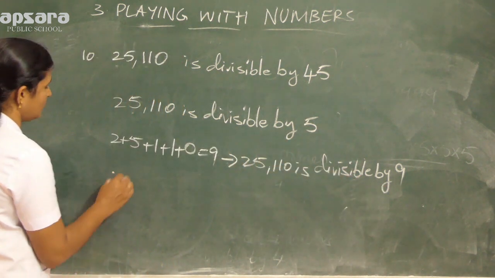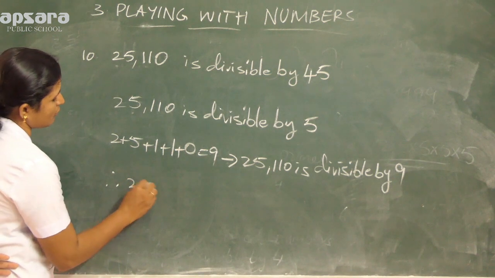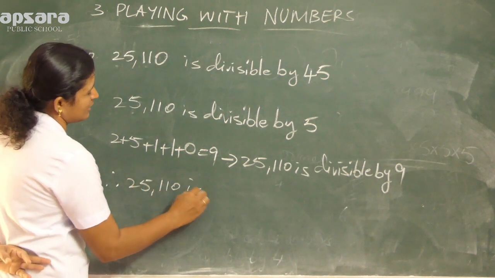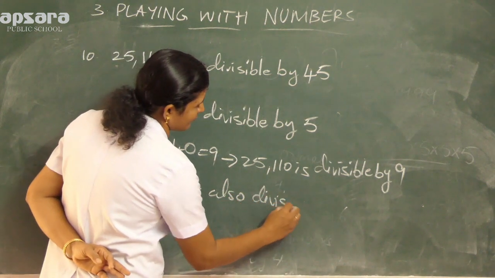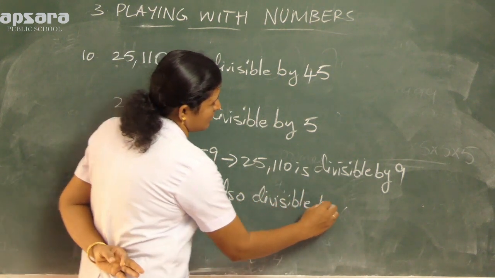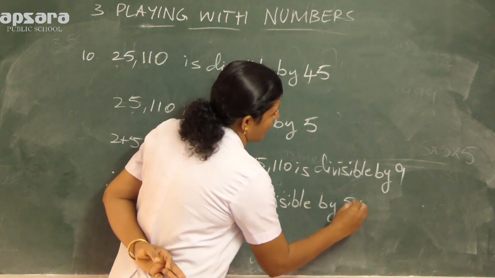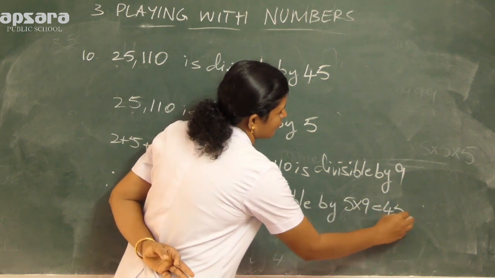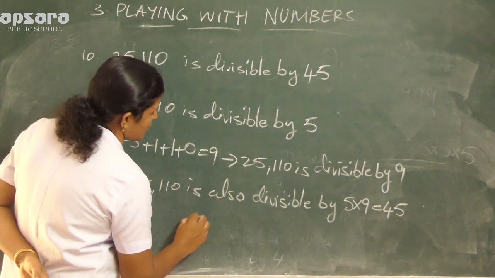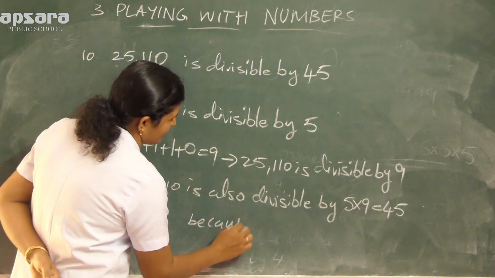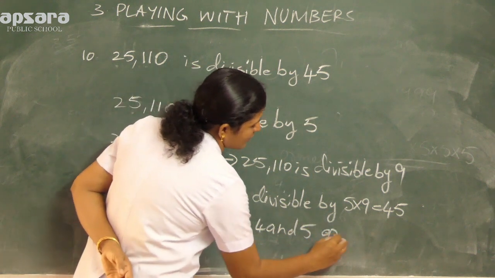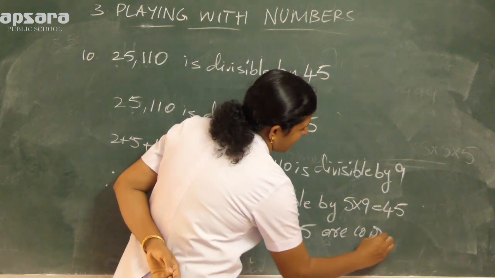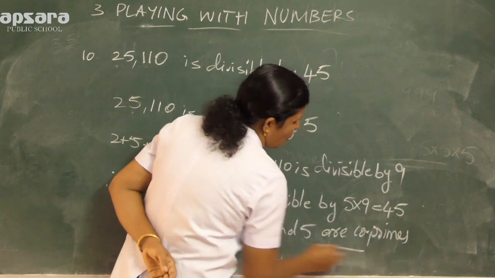So therefore 25,110 is also divisible by 5 into 9, 45, because 5 and 9 are co-primes.